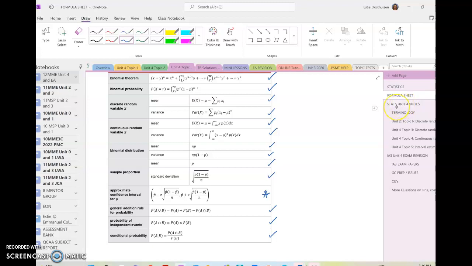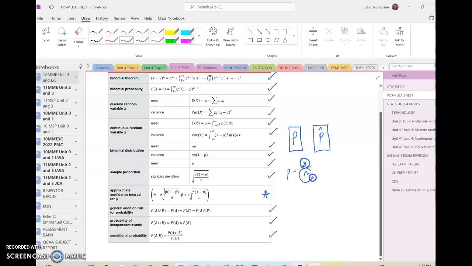Before we start, just a reminder of the difference between P and P hat. So P, remember, is the population proportion, and P hat is the sample proportion. And for both of these, we've got this little formula to calculate it: the number of data values divided by the size of the proportion or population.